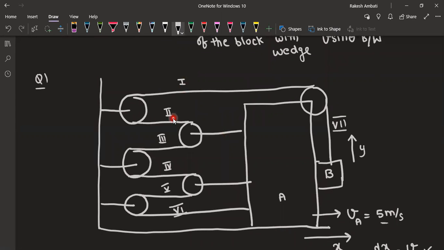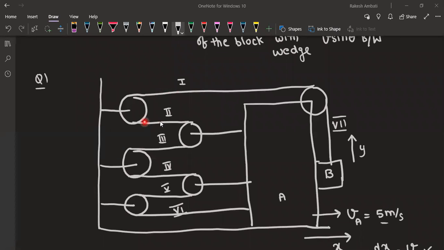Second segment? Why, man? You don't know any basics. If it is moving through distance x, it will be affected. Why?